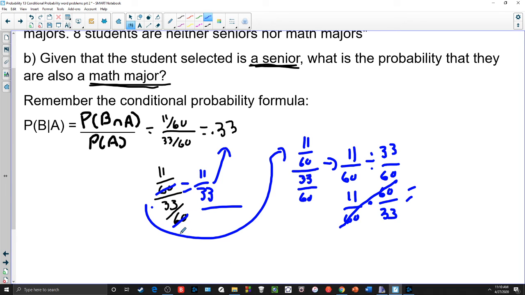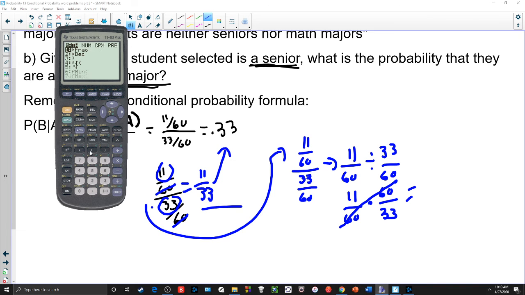So that's why the denominators just cancel out. When you have a fraction divided by a fraction and the denominators are the same, you're left with just this number over that number. If they ask for a fraction instead of a decimal, you can do it this way. Or you can get the decimal version and go math, fraction, and you get the reduced fraction, which is 1/3, which is probably what they would want you to write down, because 11 over 33 does reduce down to 1/3.